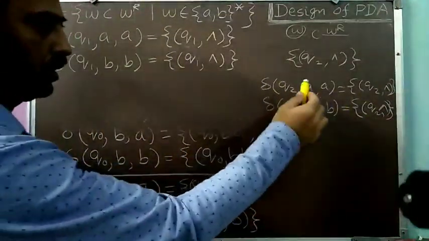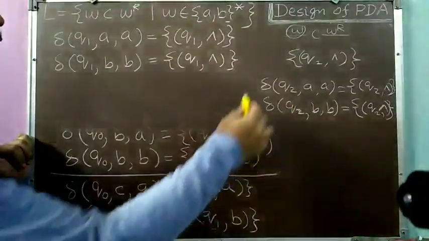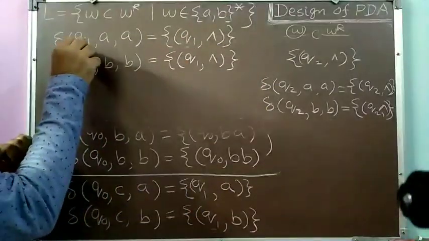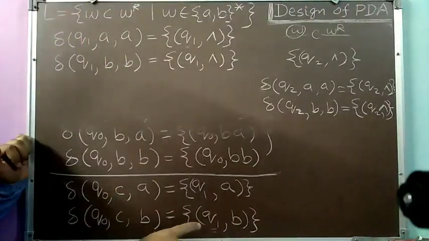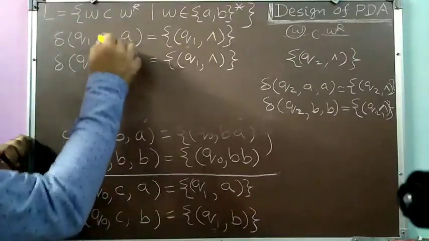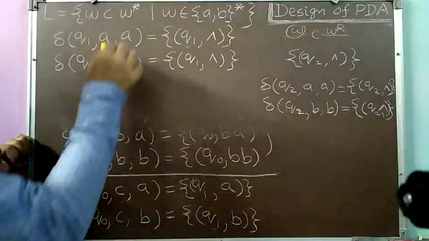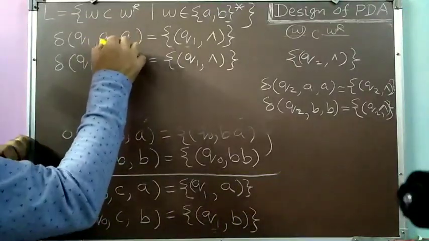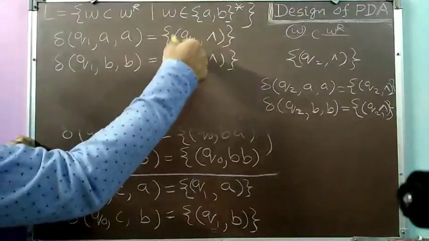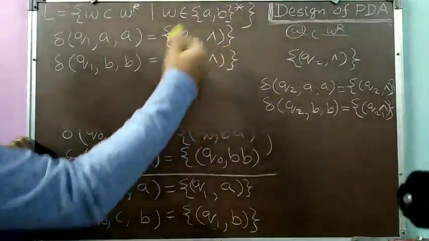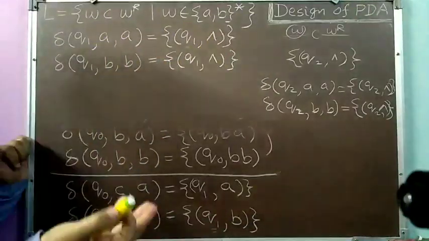So this is also correct, if you do as per the guidelines. But because here the input is changed, in the Q1 state, and when there is A or B on the top of the pushdown store, we are never getting an input symbol as A or B. So that's why it was possible to use the same state for this particular purpose, because Q1 is not being used for any other purpose.